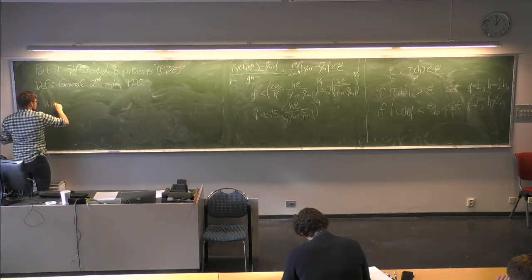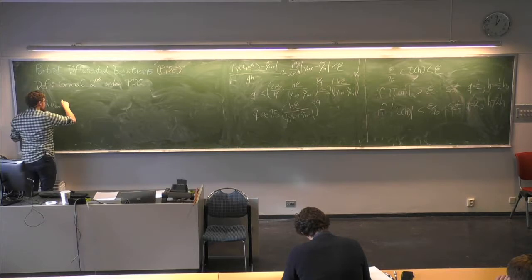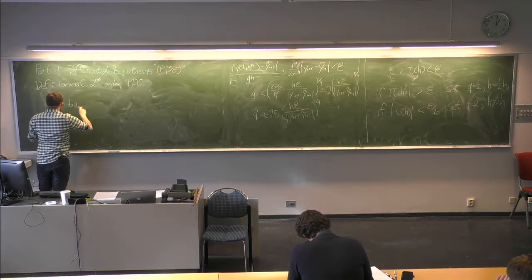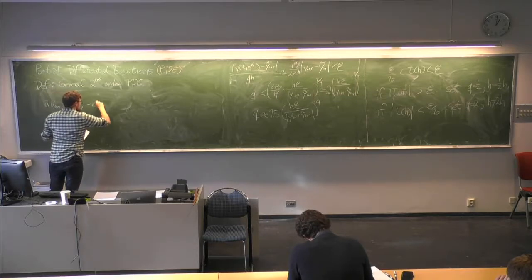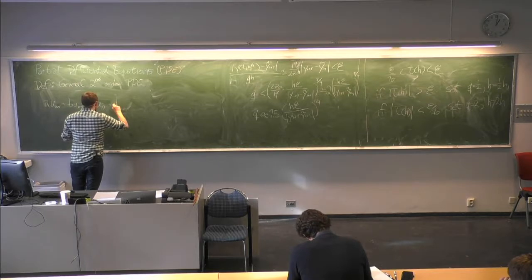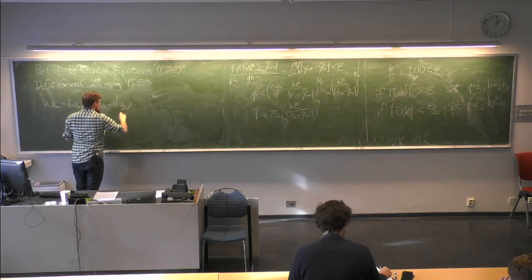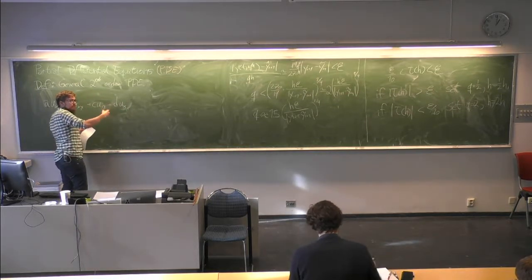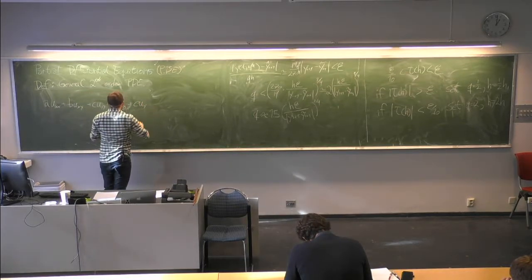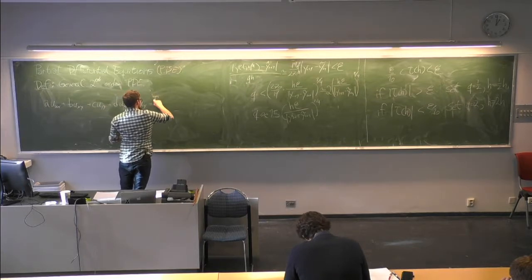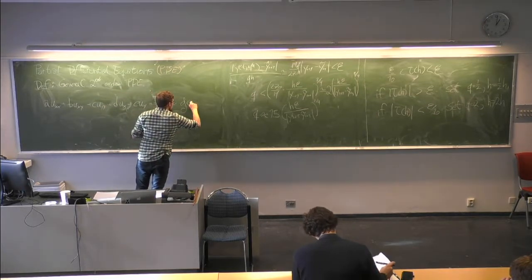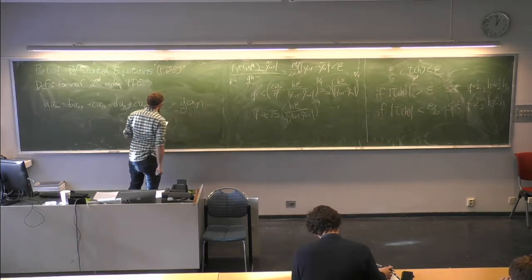A times U_xx plus B times U_xy plus C times U_yy plus D times U_x, and this is a variable, not a differentiation, plus E times U_y plus F times U equals some kind of function G of x, y.